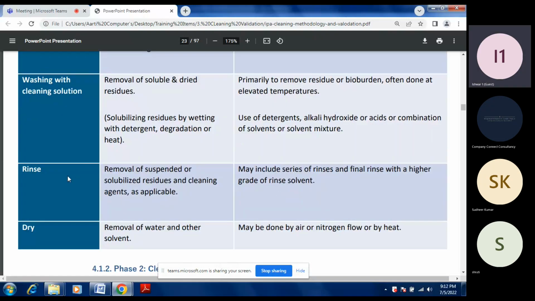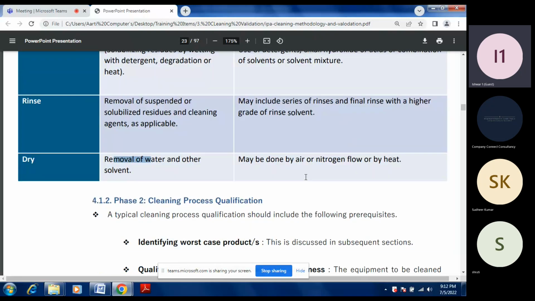And what is the rinse? Rinse is the removal of suspended or solubilized residue and cleaning agent as applicable. It may include a series of rinses and a final rinse with a higher grade of rinse solvent. And now dry: removal of water and other solvent by a drying procedure, which may be done by air or nitrogen flow or by heat. So there are different ways of drying that may be followed.